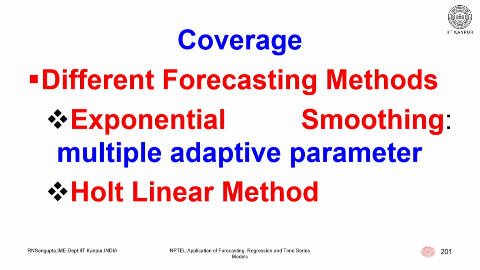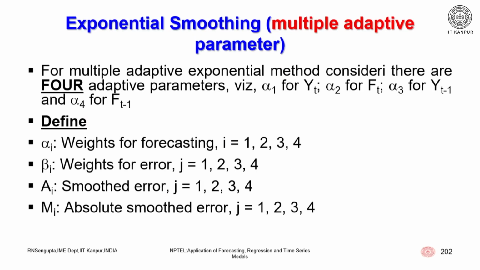Now, the basic idea to cover multiple parameter adjusted exponential moving average is this: standing today, we are going to predict for the next time period, which means we already have the data for yt, and the forecasted value ft.